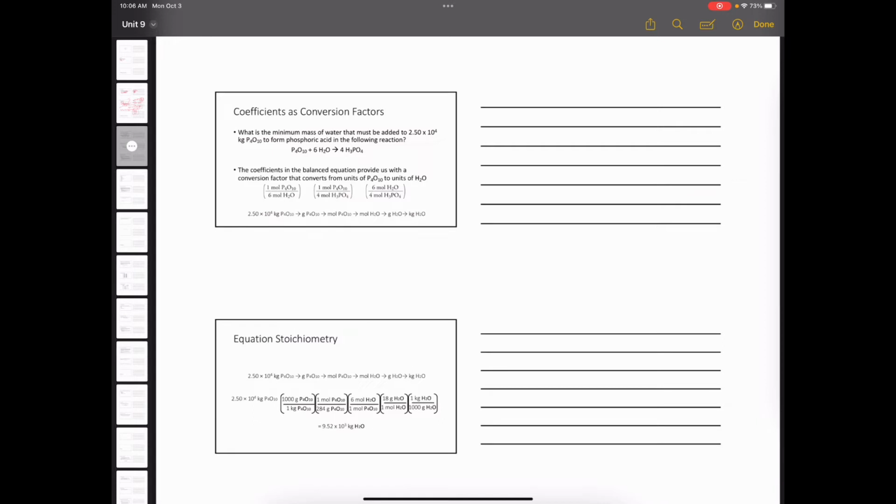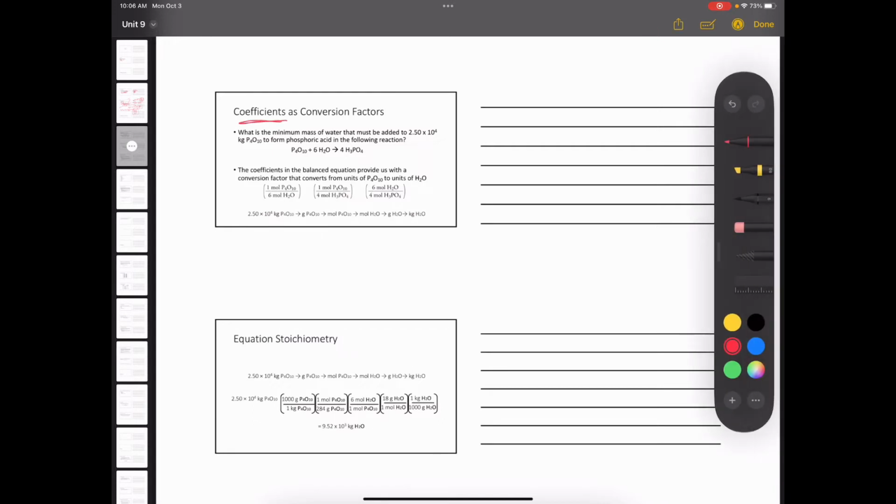Okay, so when we say that we're using the coefficients, that means that we need to make sure that we have a balanced chemical equation, right? Because in order to have the correct conversion factors between the reactants and the products, or between the products themselves, we need to make sure that the equation is balanced, and the coefficients are added correctly.